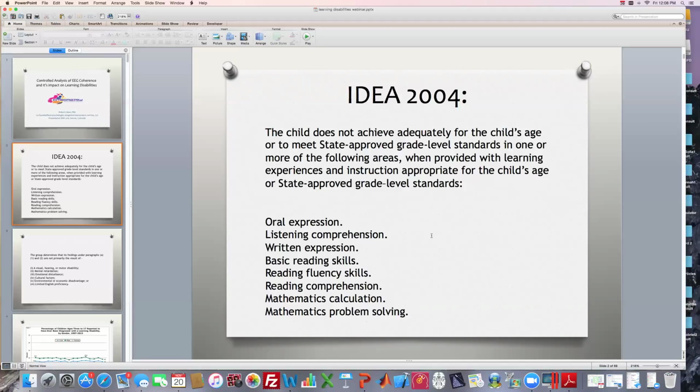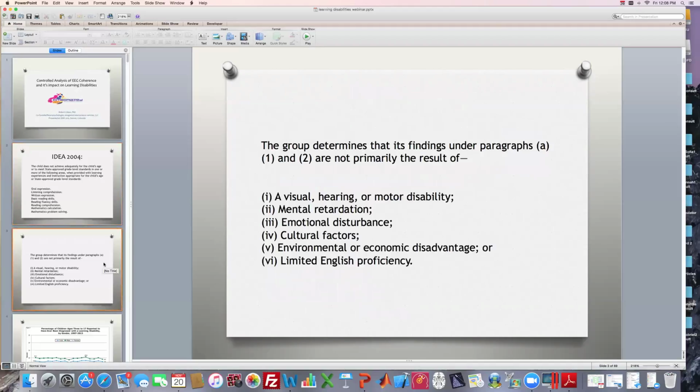What that standard is varies from state to state. In some states, it can be 1 year delayed, 1.5 year, or at least 2 years delayed. And in other states, there's this notion of what's called response to intervention, where they will apply an intervention, say for a reading problem. If a child does not improve, they'll apply another intervention.